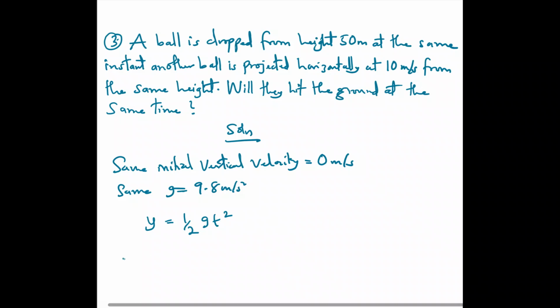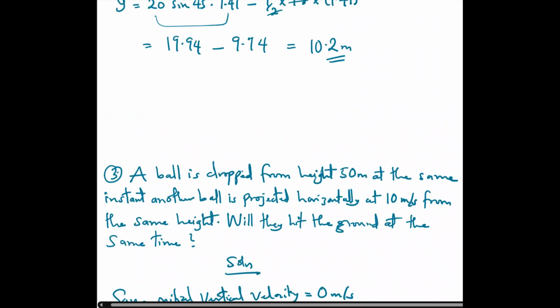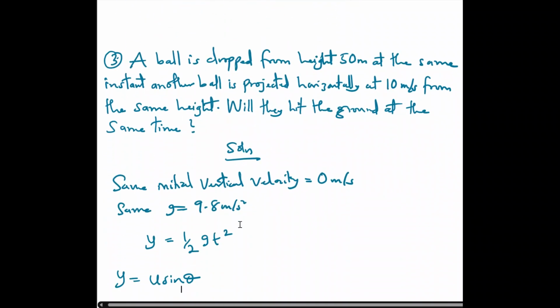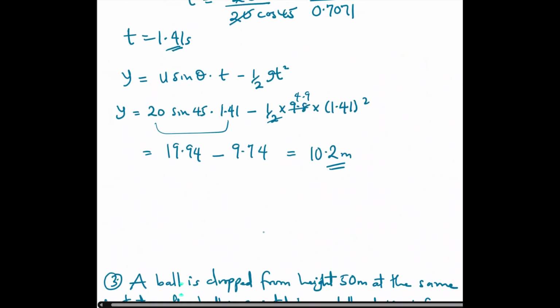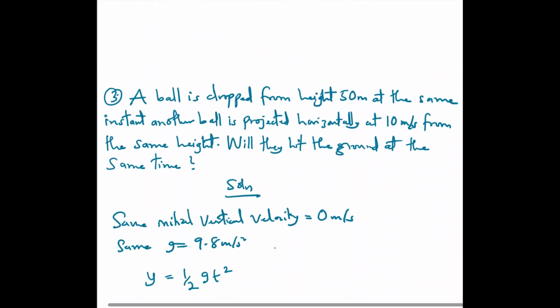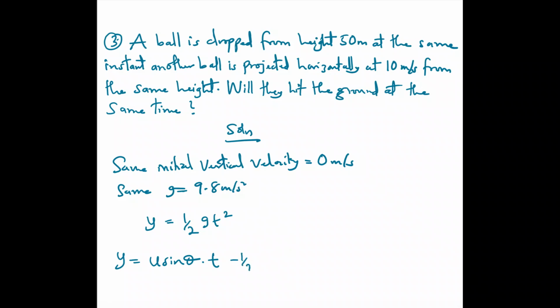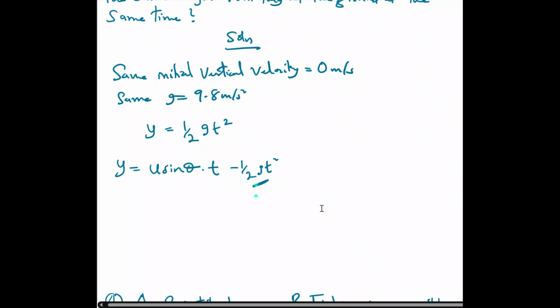The reason why is that if we use y is equal to u sine theta times t minus 1/2 g t squared, the first part is zero, so we are only focused on 1/2 g t squared, because the time only depends on this part of the projectile motion.